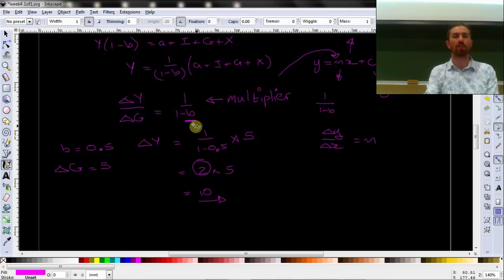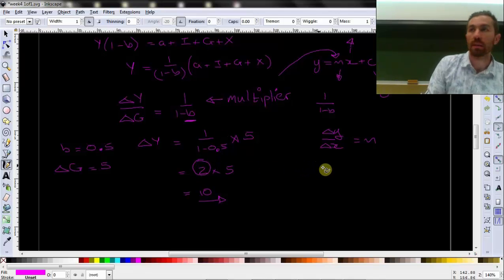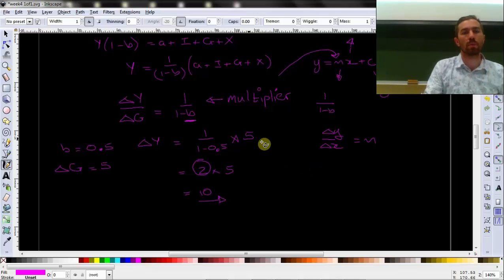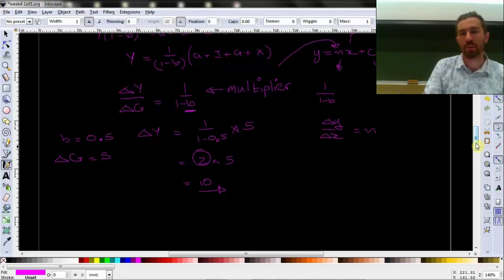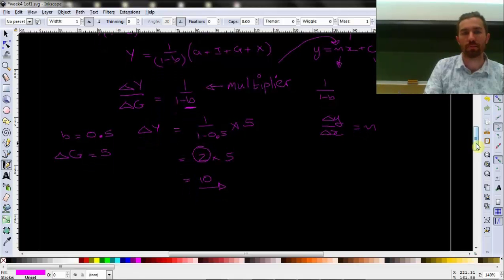If b goes from 0.5 to 0.75, what happens to the multiplier? It increases. You happy with that? The steeper the slope, the greater the multiplier.